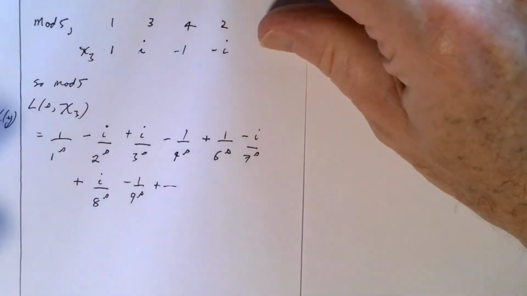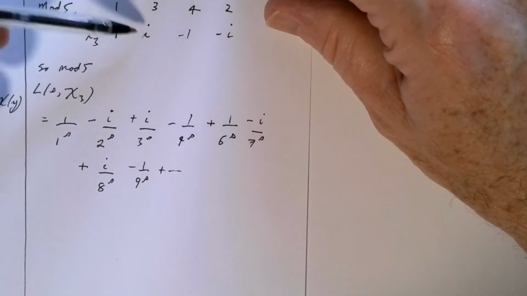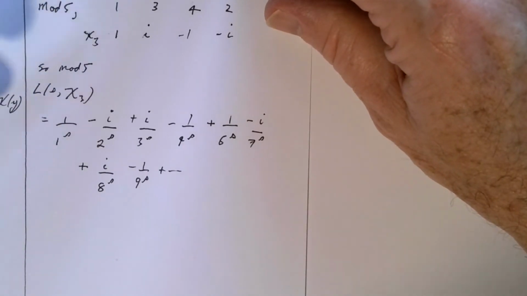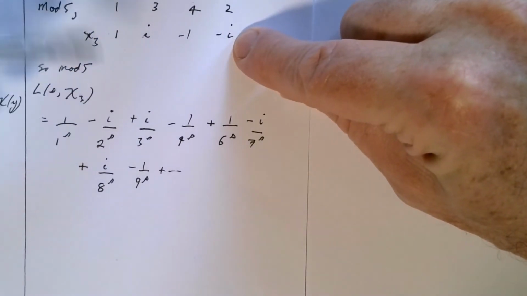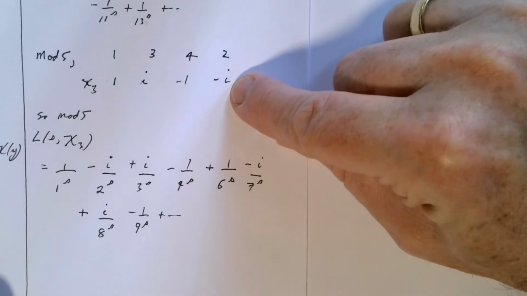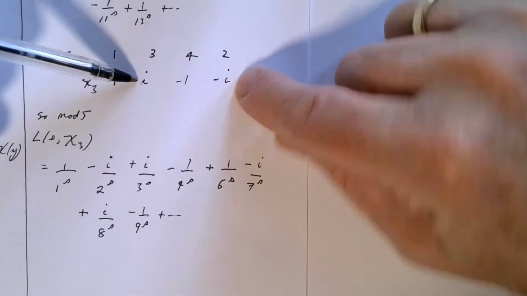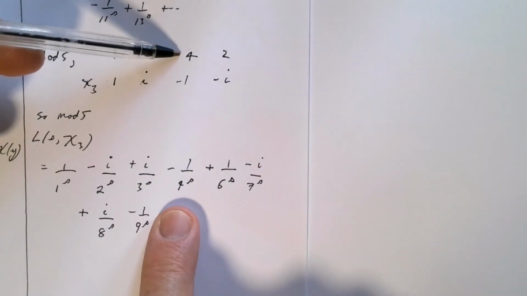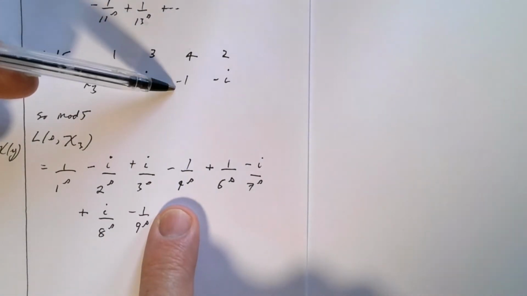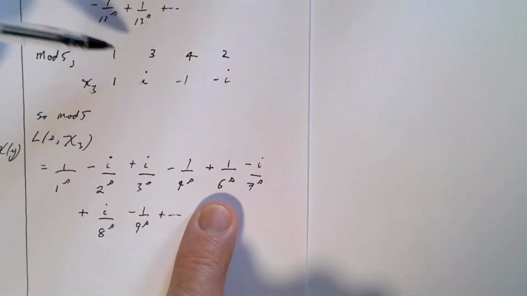And so we'll do the same thing again. We form our L function by taking 1 over 1 to the S, then now for 2 we have -I on 2 to the S, and then +I on 3 to the S, -1 on 4 to the S. Now 6 is congruent to 1 modulo 5, so this again is just going to cycle back.